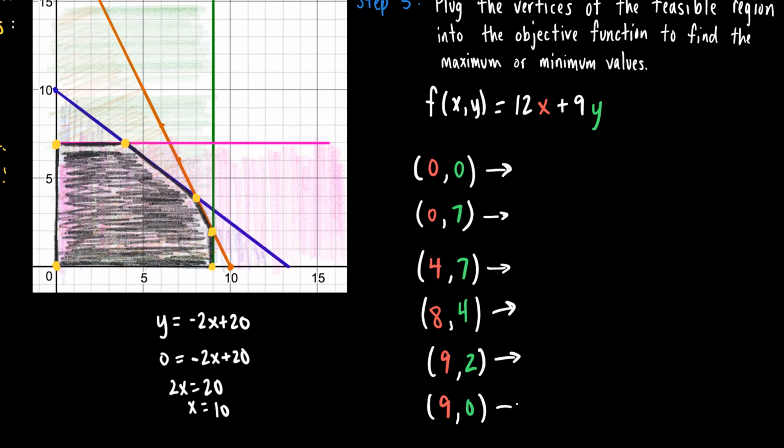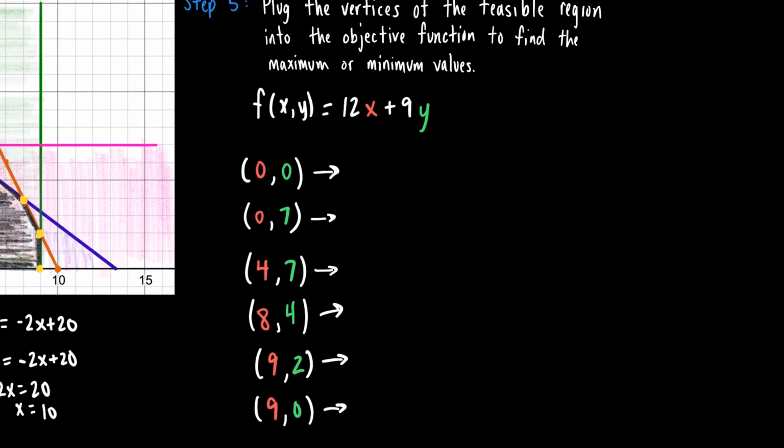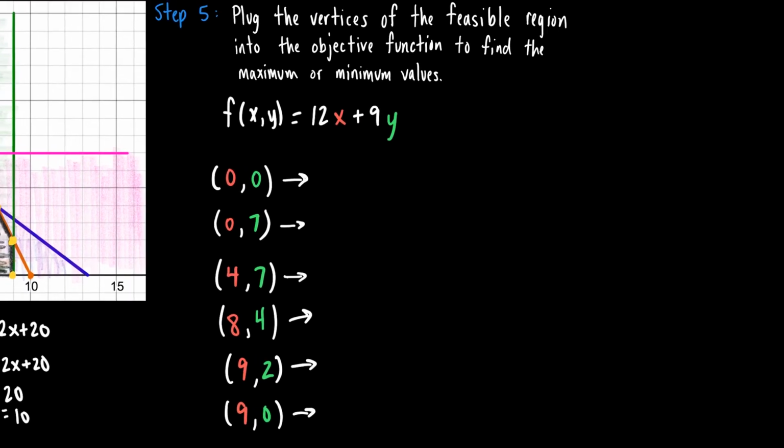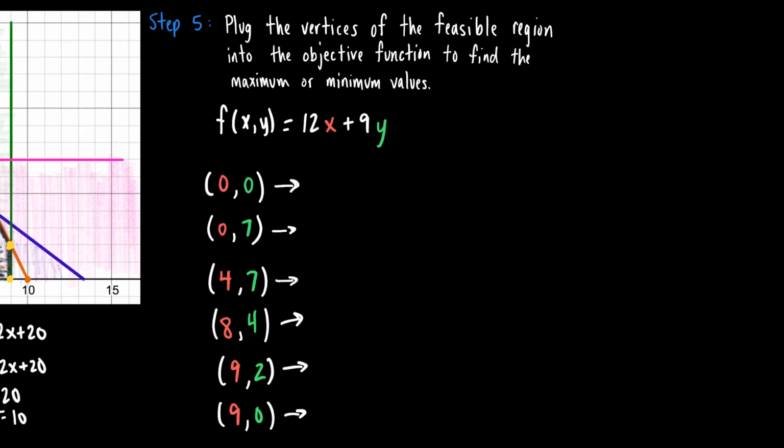Okay, so what we're going to do is test each of these vertices that we've written down. There are 6 vertices. We're going to plug in the x value and the y value and see which one of these returns the highest number. So let's do that. I'm going to zoom out just a touch. All right, so we're going to do 12 times the x value.